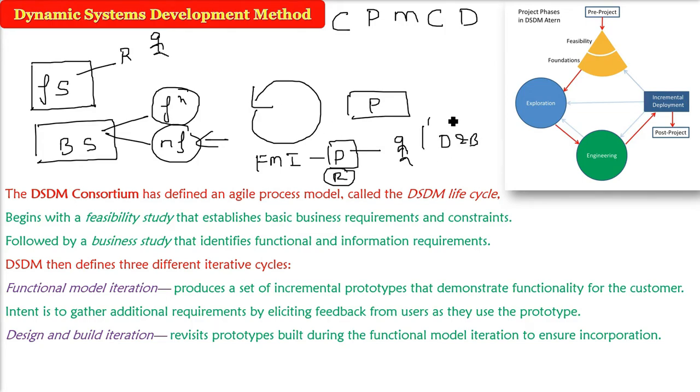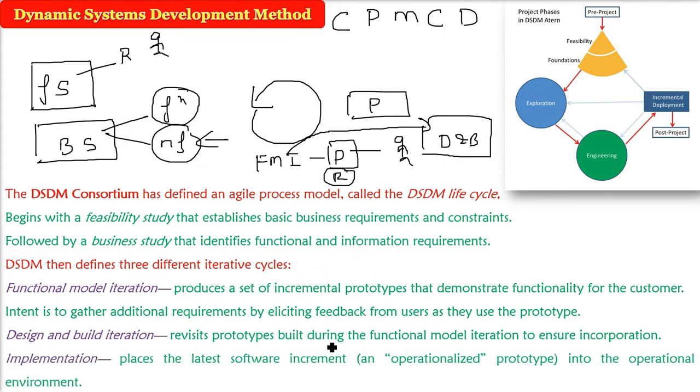Here, whatever was built or produced in the functional model iteration is revisited, because all the user feedback needs to be incorporated and the changes done. Finally, the implementation. Here, the latest software increment, the incremented prototype, or you can say the operational, fully functional prototype with certain requirements, is put into the actual operational environment.